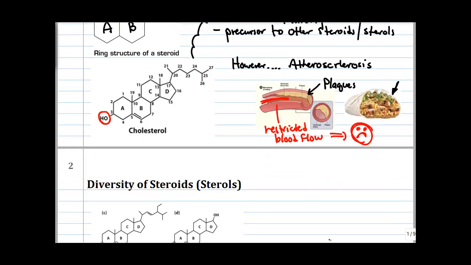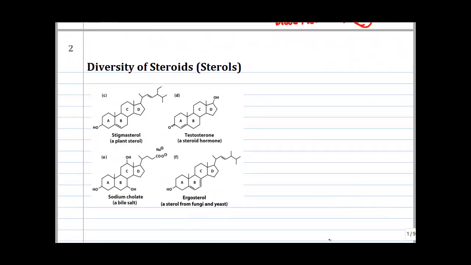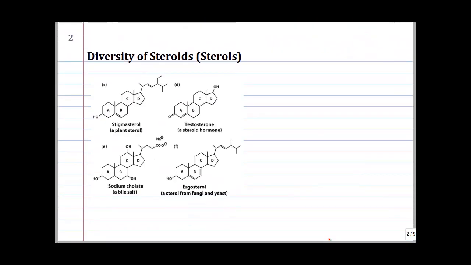So, here are some other steroids and sterols. We see here on the screen a plant sterol, and we see a sterol from fungi and yeast, and then this one is an important one. Testosterone is the male sex hormone.